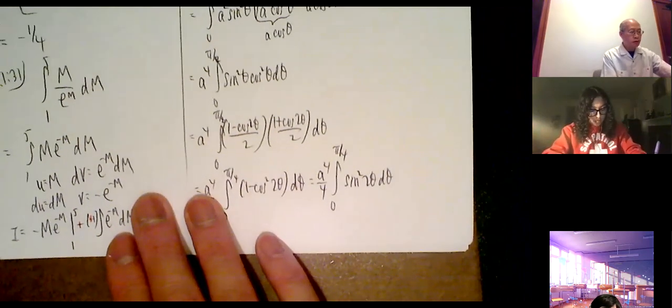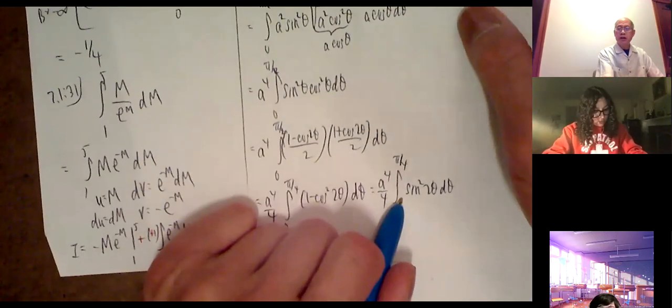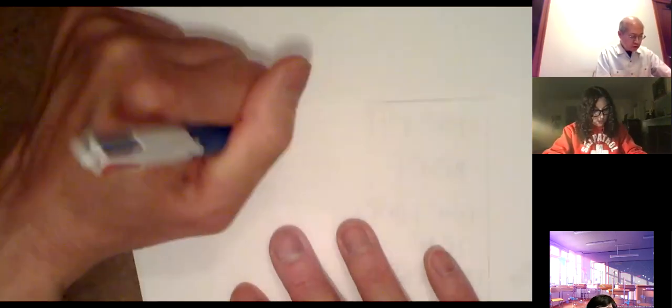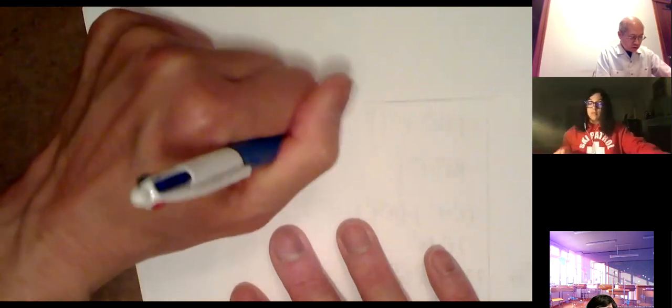Let's see if I can remember all that stuff. So a to the fourth over 4, 1 minus cosine 4 theta over 2 d theta from 0 to pi over 4.